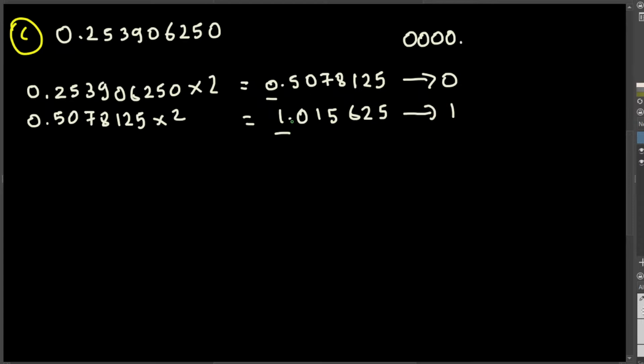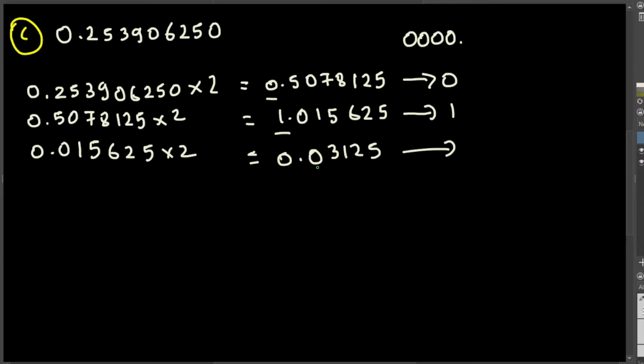Then you only take the value after the decimal point, that is 0.015625, multiplied by 2, and that gives us 0.03125. Here we have 0 in front, so it comes here.